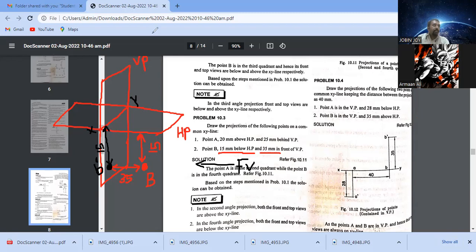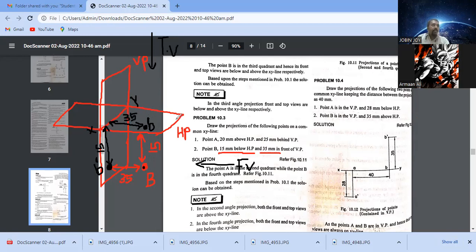Then this is the top view direction. When you look from this side, you will get the image of B on the horizontal plane. This is the small b, the top view of the capital B. And this distance is 35.